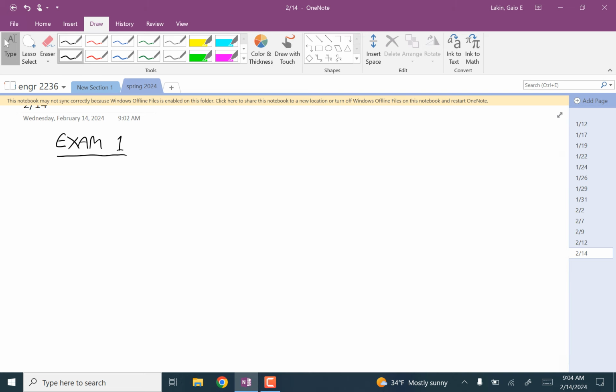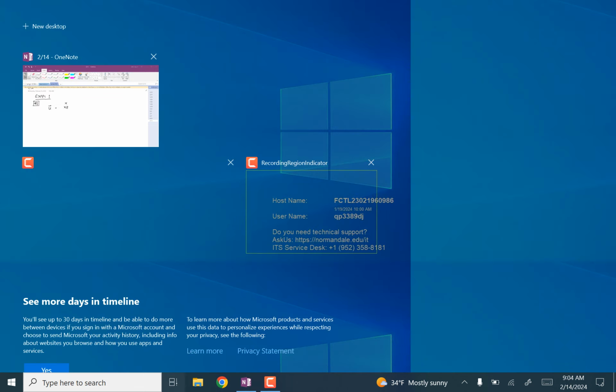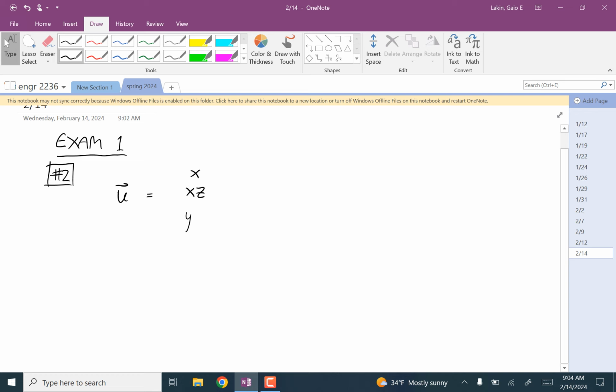So this was the one that said this vector u is equal to x, xz, y cosine of xz.